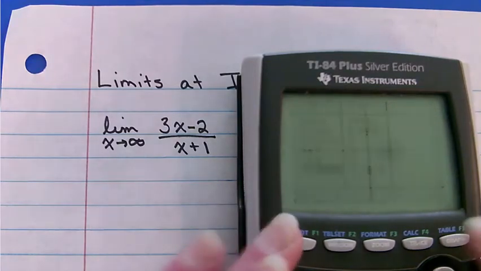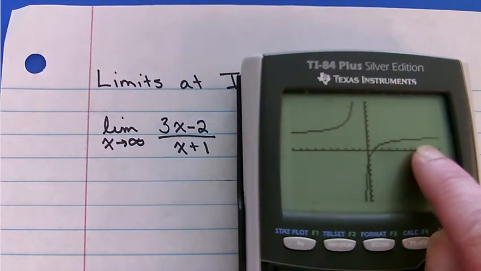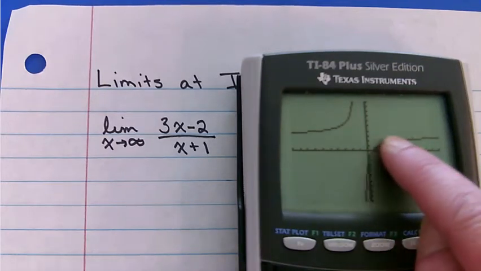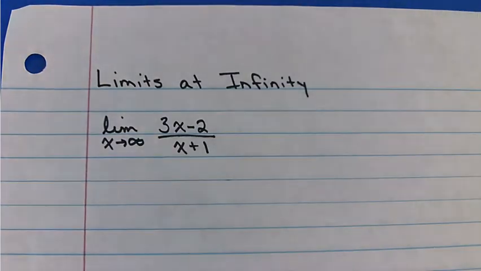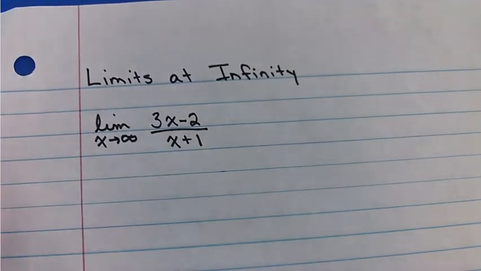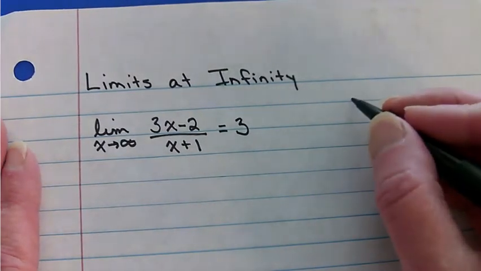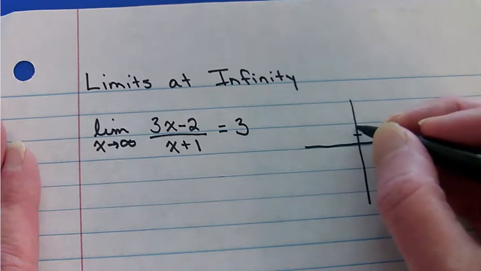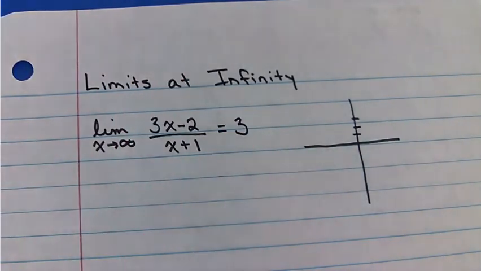And if I look at the graph, I'll see that as x approaches positive infinity, my graph is leveling off at 3. That was called a horizontal asymptote. This means, so I'm going to look at the graph again, at 1, 2, 3. I'm going to try to mimic the graph as much as I can.